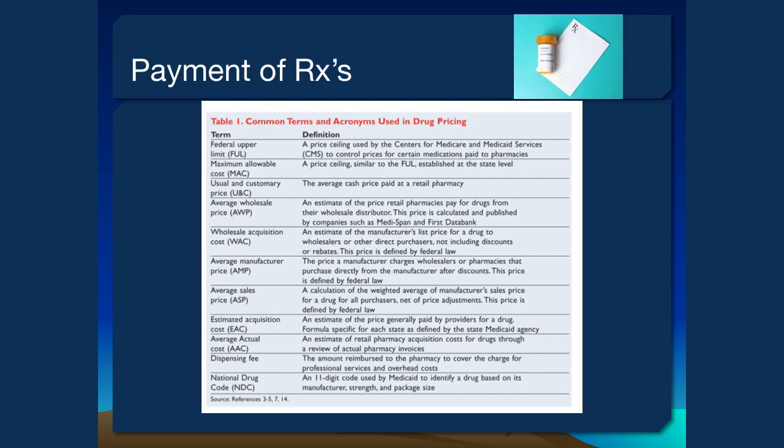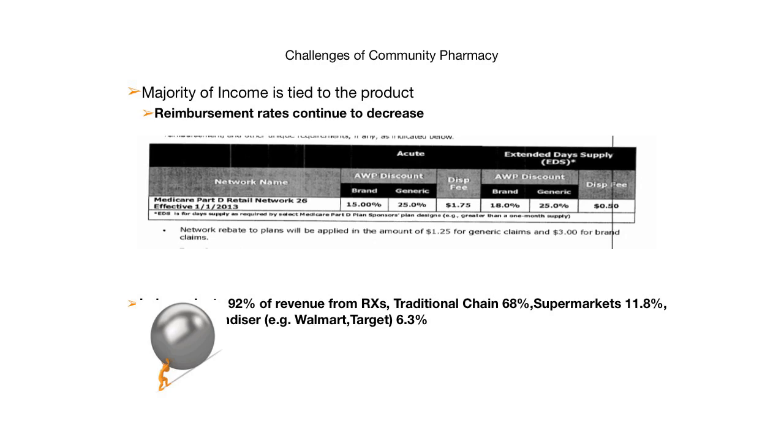And there's been a whole argument of how do we determine what truly is the price of the drug and what's fair? Because in theory, in most businesses, you have what it costs you to purchase this, you have a markup, and then you sell it. But not in our contract world.